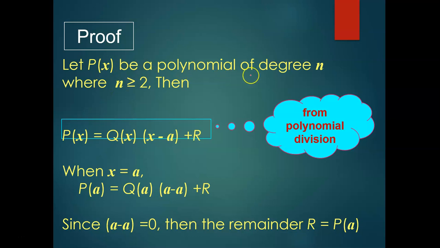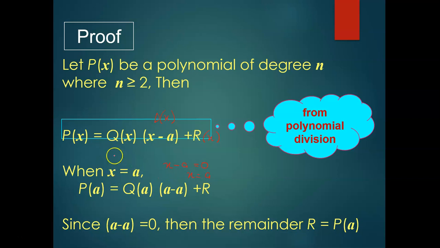So let p(x) be a polynomial of degree n, where n is greater than or equal to 2. Then p(x) equals q(x) d(x) plus r(x). This is coming from the previous subtopic. When you are dividing p(x) by x minus a, you solve x minus a equals 0, then x equals a.